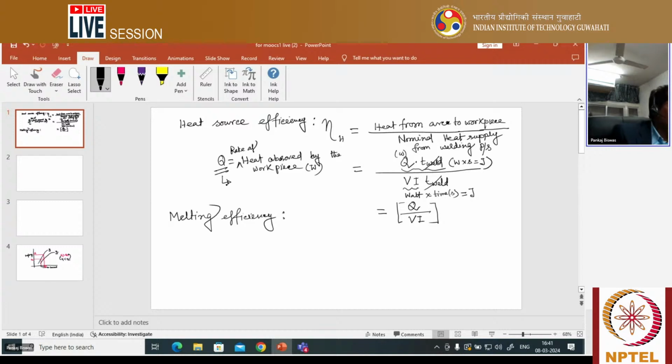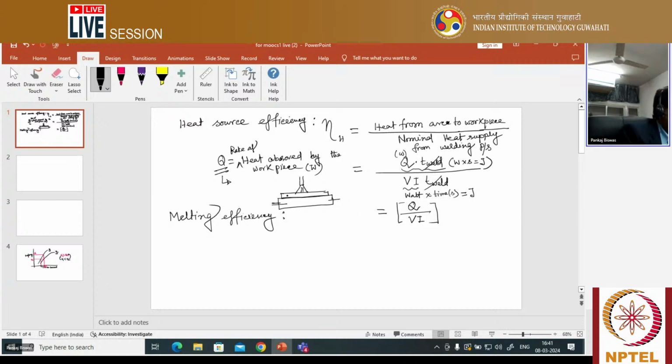Generally what we do is, let us consider we are going to do the welding on this plate. This is the electrode, and this is the arc. Generally below this workpiece we use the calorimeter. You go through the lecture and you will get the detailed idea.